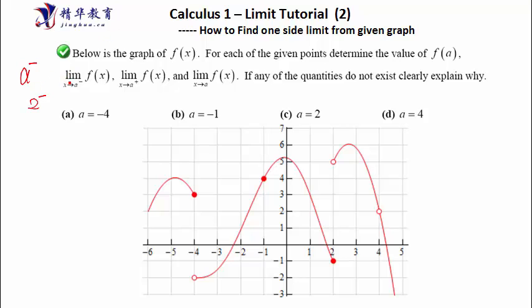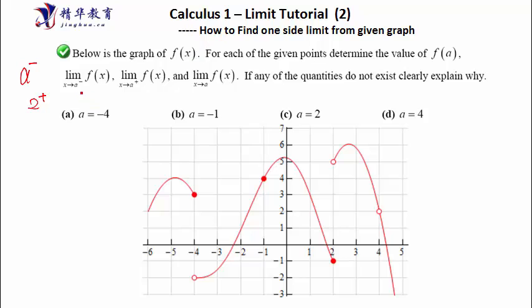It's very, very close to 2, however just a little bit less than 2. That is what 2 negative means. What does 2 positive mean? It's 2.0000001, a little bit bigger than 2, but not equal to 2. Okay, that's good. Let's see the question here.